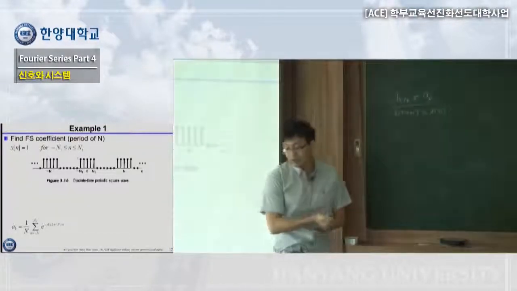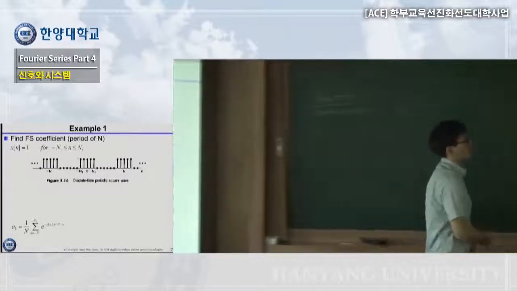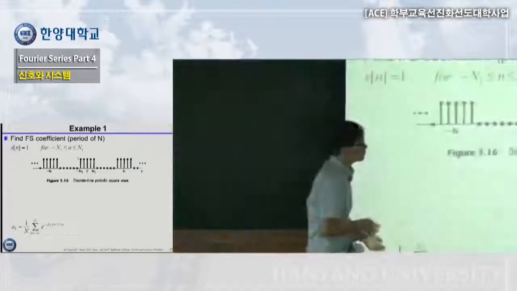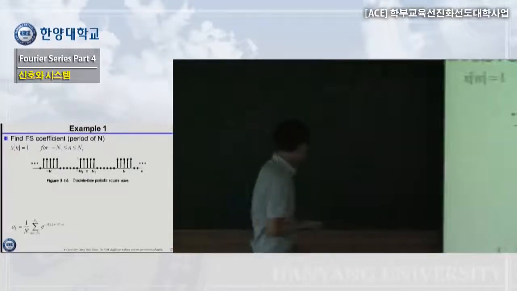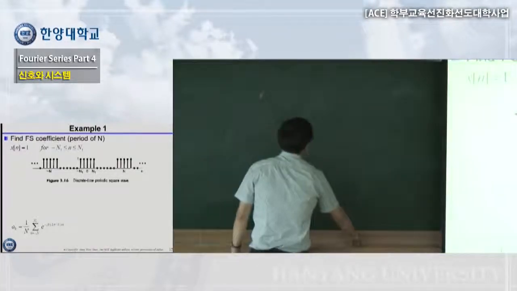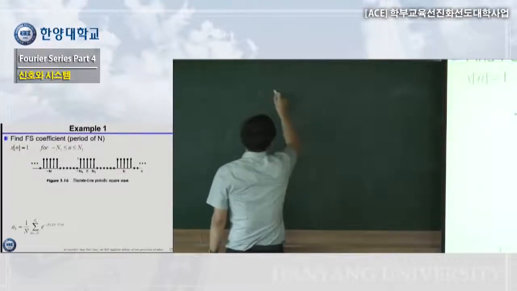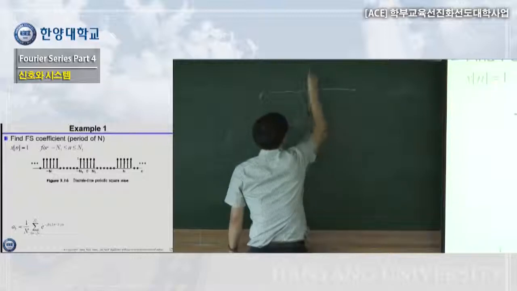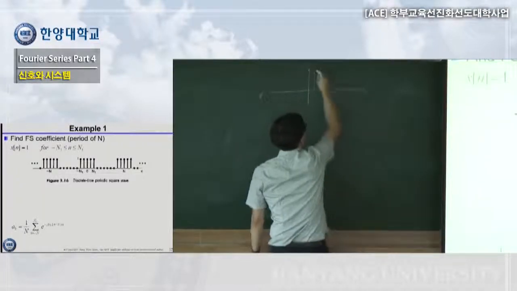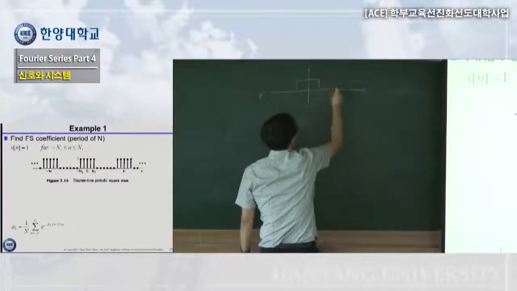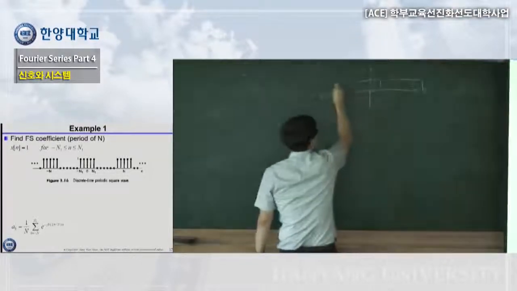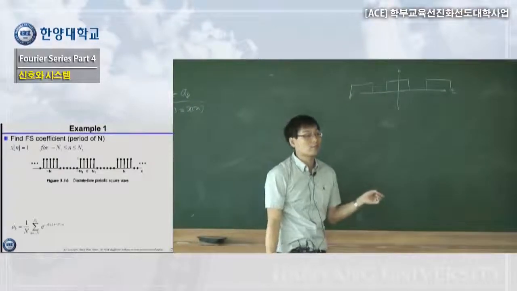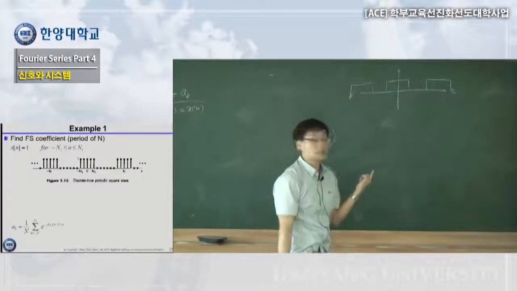Say, let's find the Fourier series coefficient of this signal. This one is quite similar to what we've seen before. Here, we have seen this one before, right? This one is the discrete time version of this pulse.